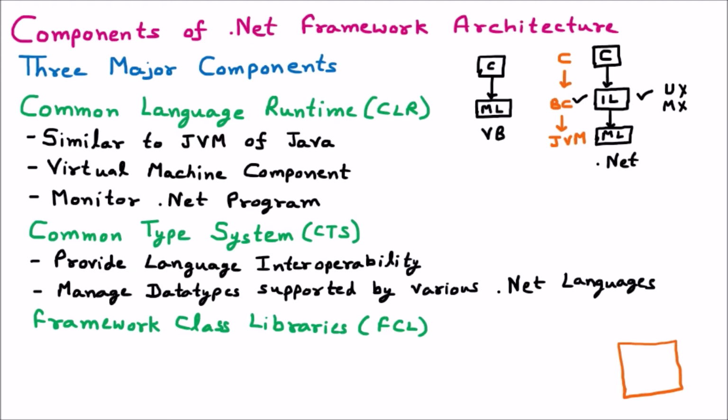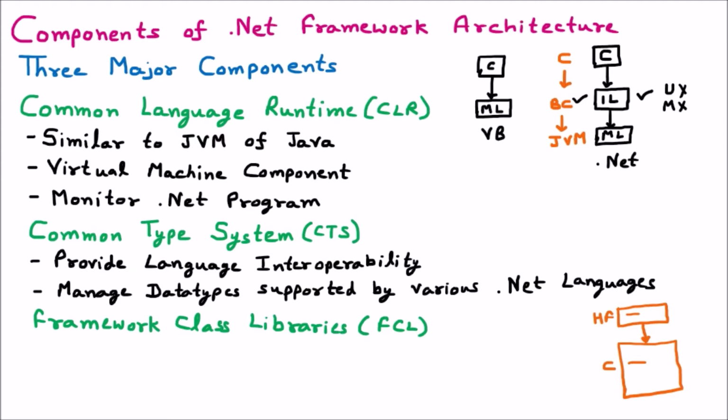For that support, we include a header file in C, let's say stdio.h, and in this code we write the printf function. So for any function which we are using, we need some header file to be included.